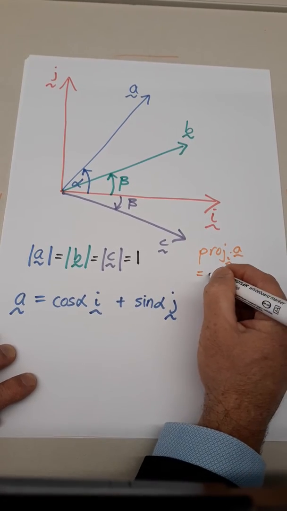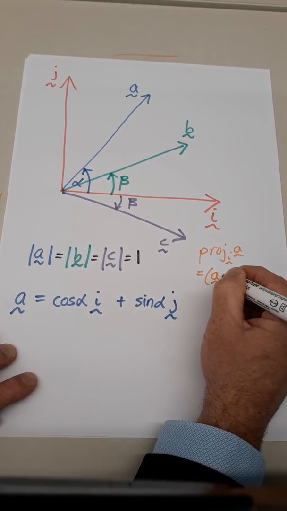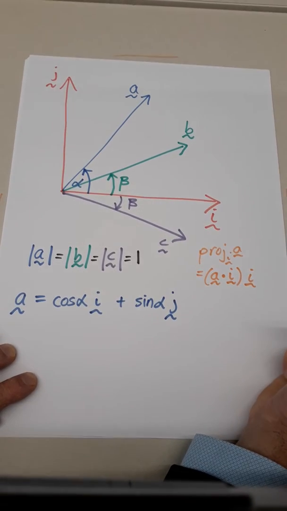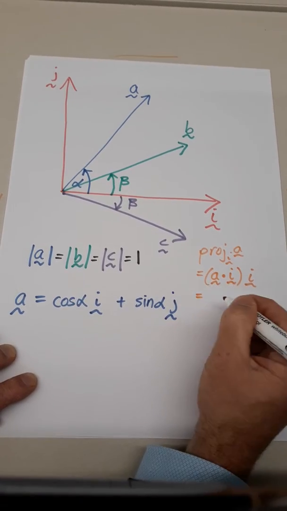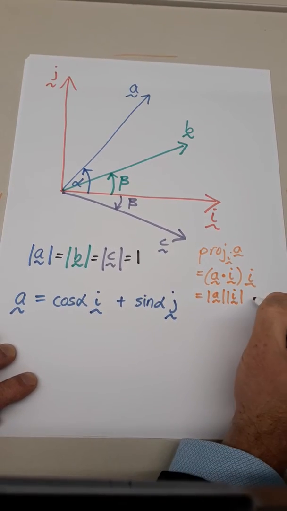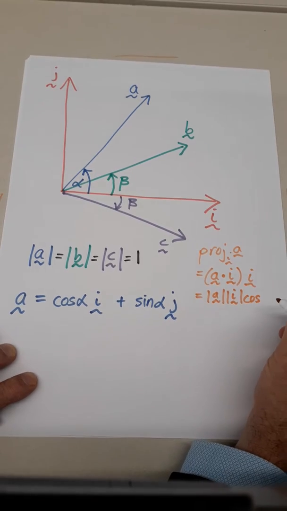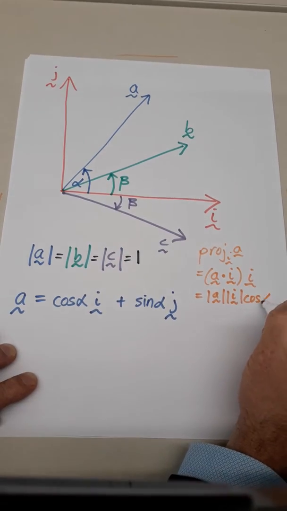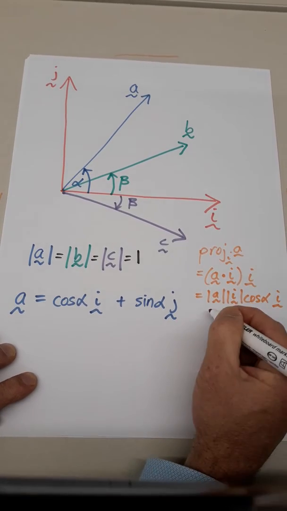that would be A dot I in the I direction. Now, that'd be the size of A times the size of I cos the angle between A and I, which is alpha, in the I direction.